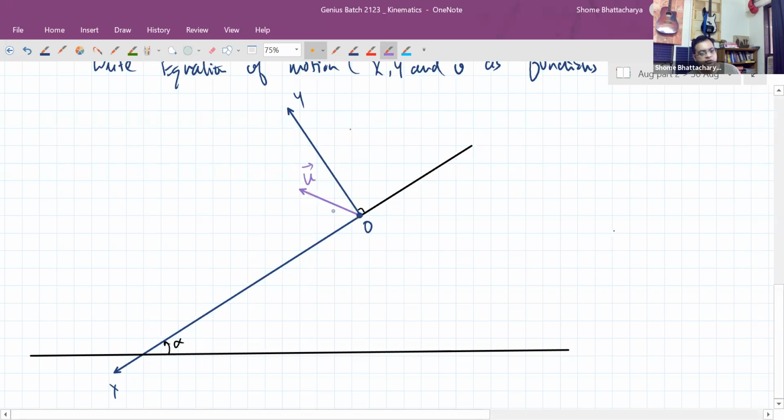This is our initial velocity vector. This angle is beta. And this is the situation at t equal to 0.